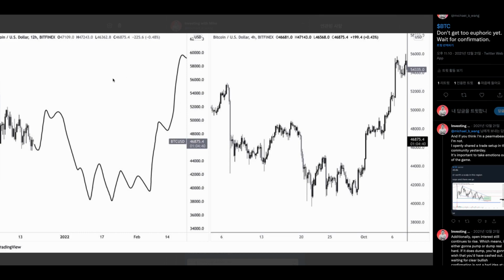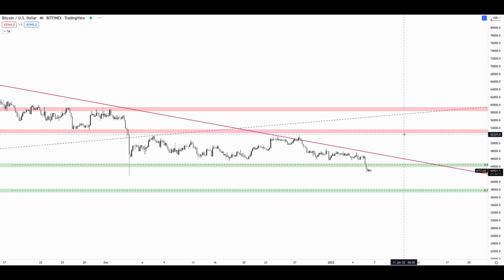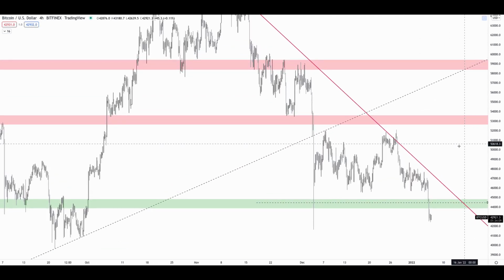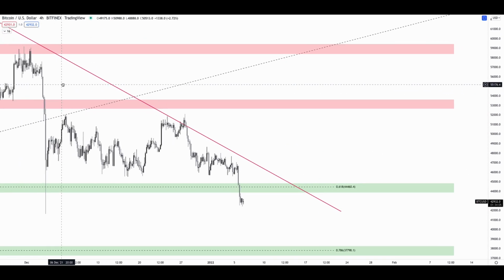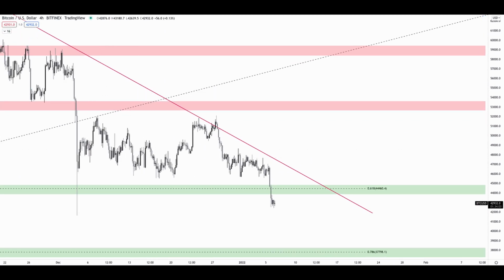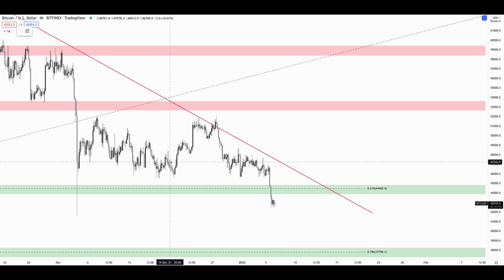And I think this is the fractal that we should be referring to right now, obviously until it gets negated, right? So just taking a look at the 4-hour chart that I want to share with you guys, I think this provides a better perspective of what I'm looking at. So again, by the point I uploaded the Fractal Perspective in December, right over here, we hadn't seen that breakout yet, and obviously we broke out.